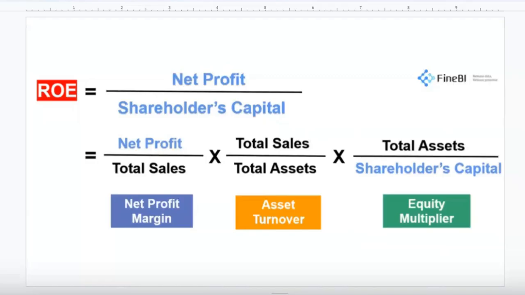Now, the second piece here is your total sales divided by your total assets, or your asset turnover. What this is a measure of is how quickly you can take whatever inventory you have and turn it into an actual sale. Basically, how long are you holding your assets? The higher the asset turnover ratio is, the quicker you're turning things over. The smaller it is, the slower you are.